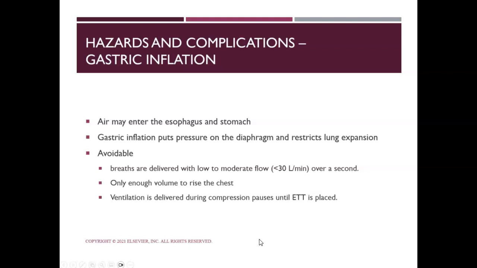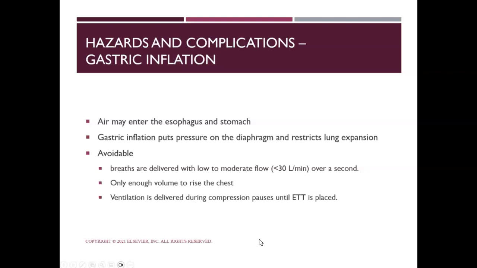Okay. So how do I avoid this? I'm going to make sure that I'm delivering my breath slowly, no fast squeezes of the bag. So think about a nice slow squeeze so that that squeeze is being delivered over a full second. You don't overdo the volume. So you're only doing enough volume to see the chest rise, and that you're doing those ventilations in between compressions.